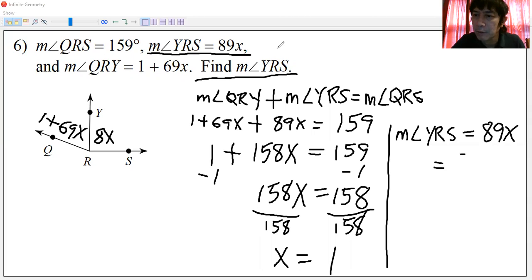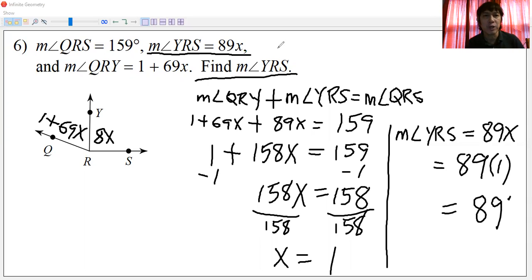Very easy calculation. 89 times 1. And we have 89 degrees. There. All right, let's check and verify. And we have the answer there. And we are correct. All right, here's the answer over here. 89 degrees. That confirms our solution and the answer.